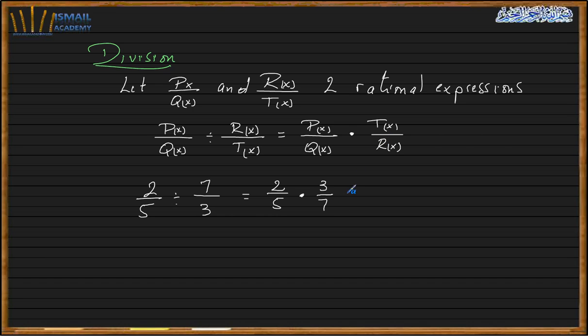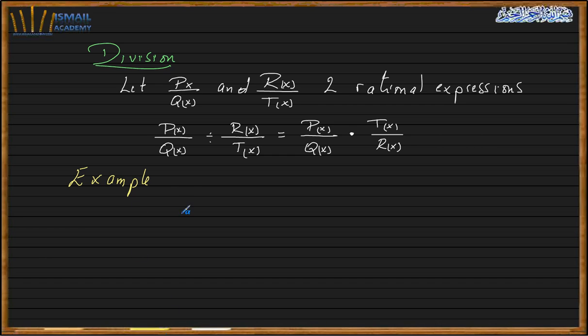The same way here, 2 over 7 times 3 over 5 is over 35. The same idea. So let me show you an example.